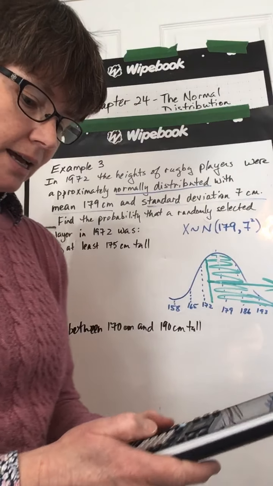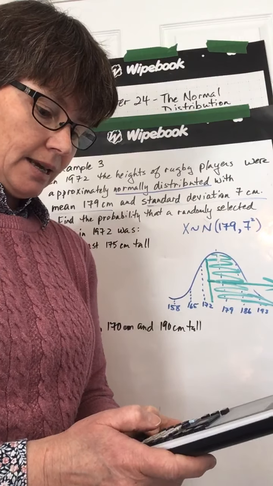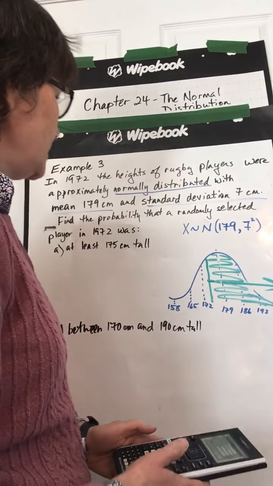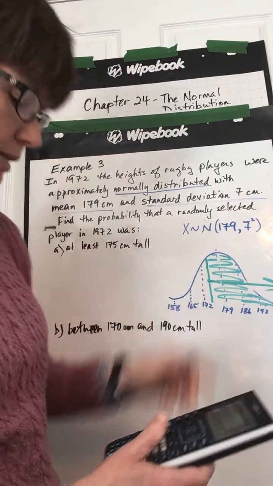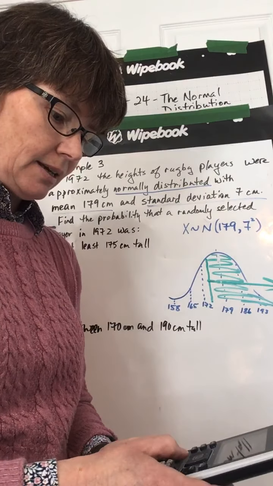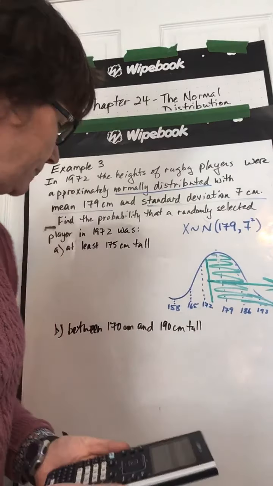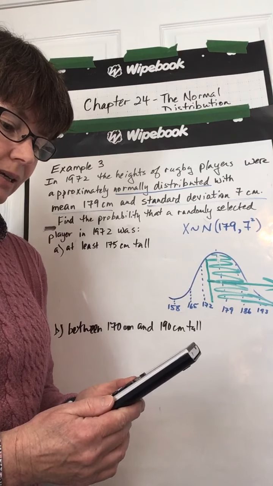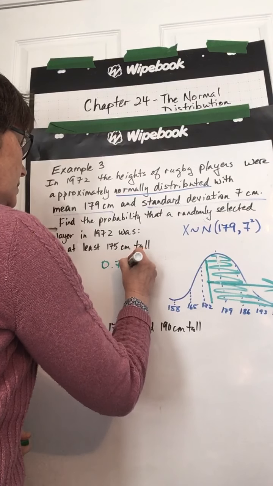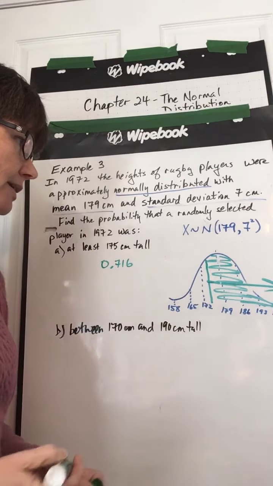So we say 9 times 10 to the power of 999. The mean, 179. Standard deviation, 7. And press OK. Our answer is 0.716. All right, so how do you notate this?